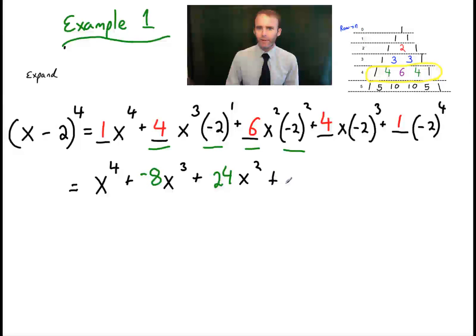And now I have plus, and I have 4. Now negative 2 cubed is a negative 8. So I have negative 8 times 4. That gives me a negative 32.